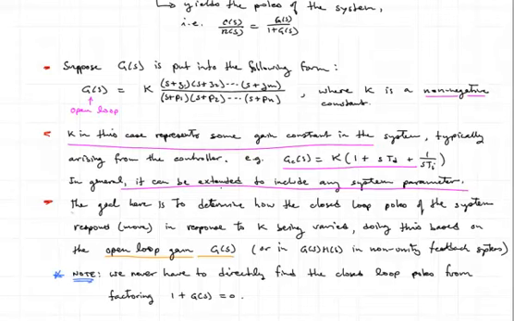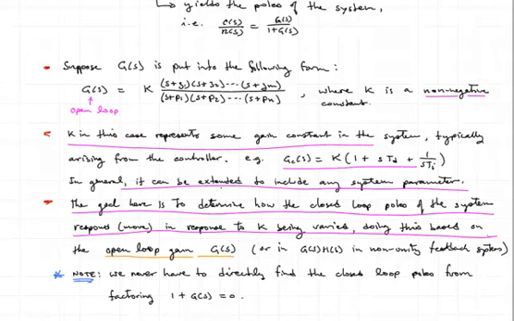Okay, so the goal is to determine how the closed loop poles of the system respond, or move, in response to k being varied. And doing this based on the open loop gain, or GH in a non-unity feedback system.